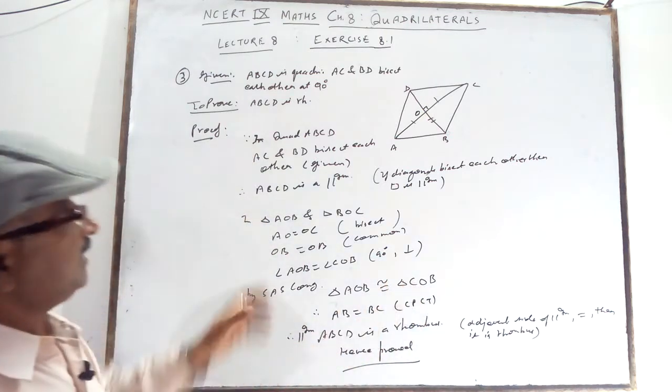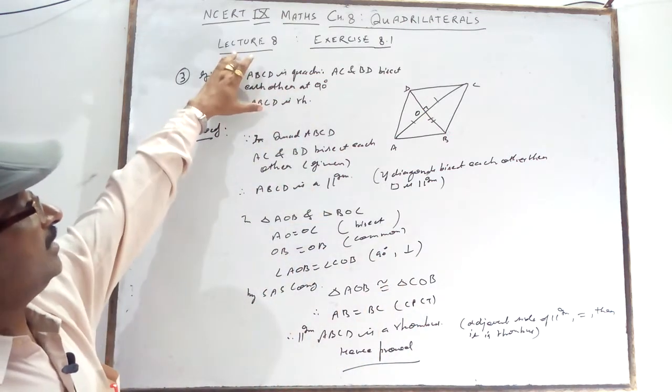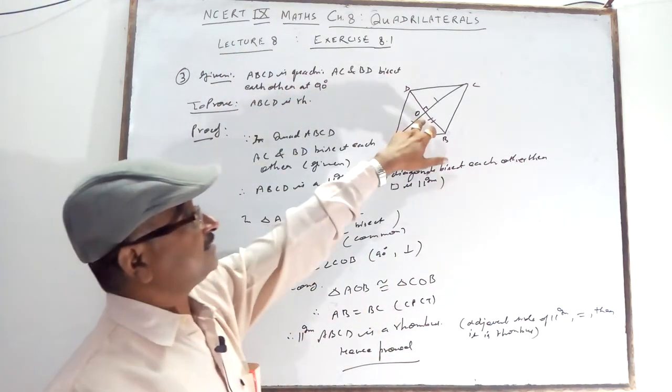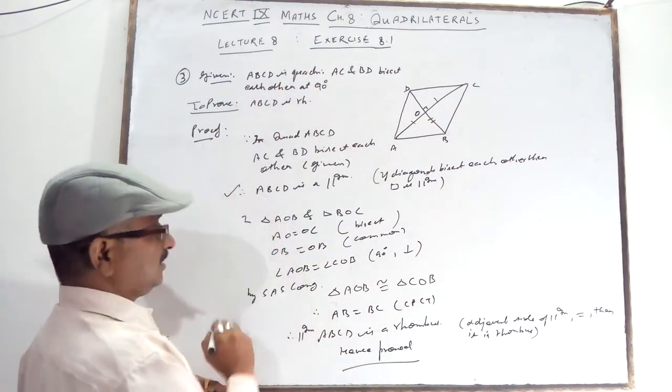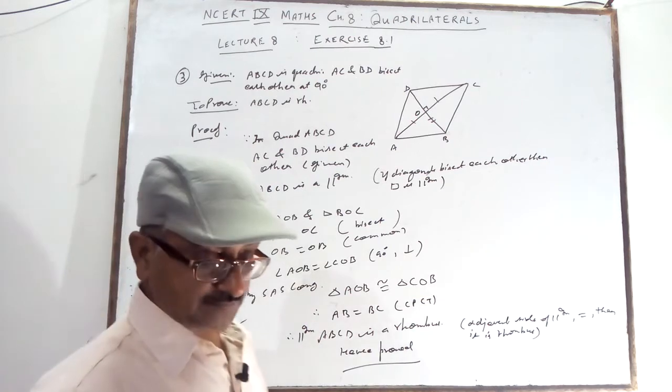It is a theorem applied, and you are proving a quadrilateral whose diagonals bisect each other at 90 degrees is a rhombus. First you prove it is a parallelogram, then you prove it is a rhombus.